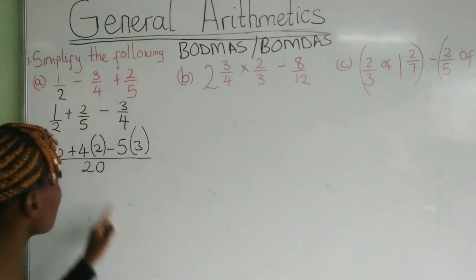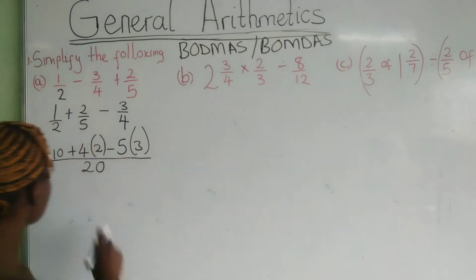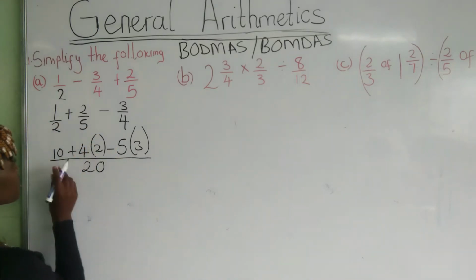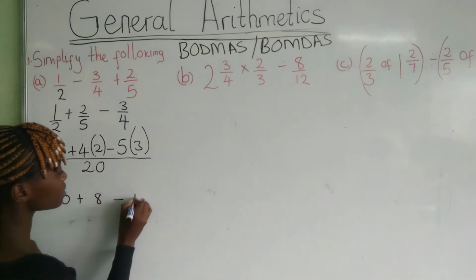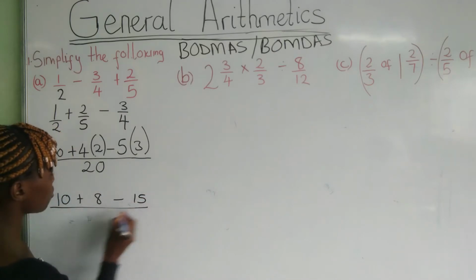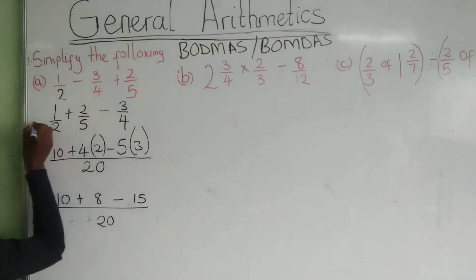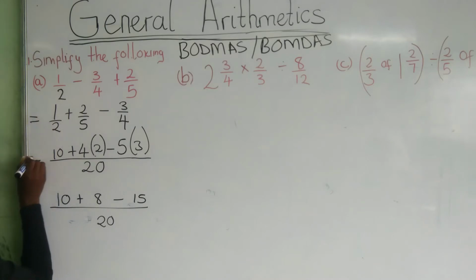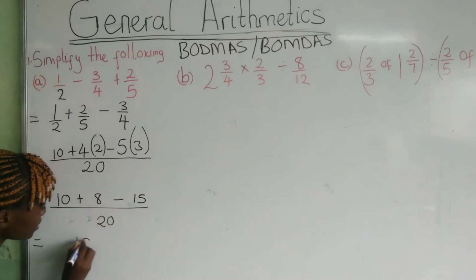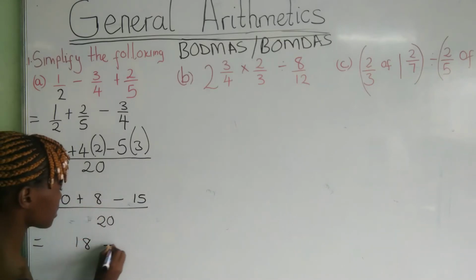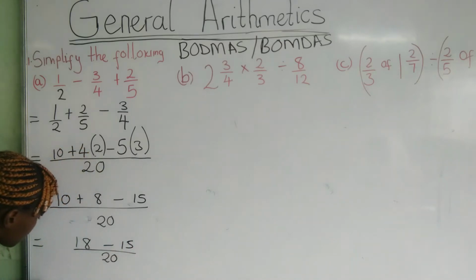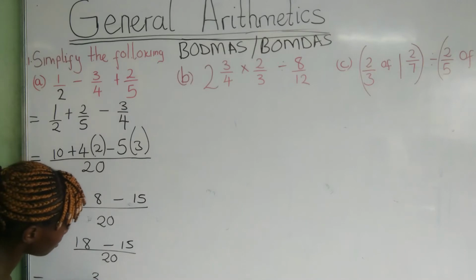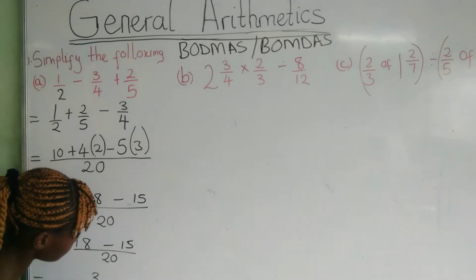We always follow the rule addition first, then subtraction later. So 10 plus 8 minus 15 all over 20. 10 plus 8 is 18, minus 15, all over 20, giving us 3 over 20.